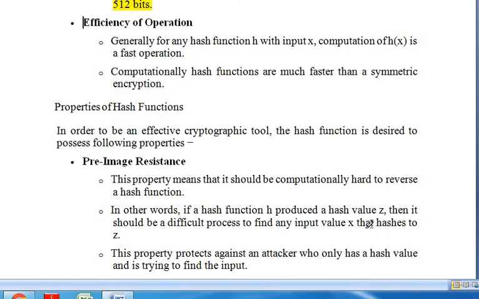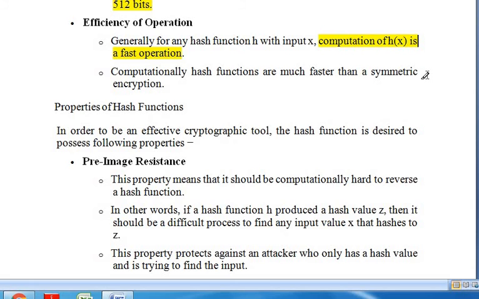Regarding efficiency, for any hash function h with input x, computation of h(x) is a fast operation. For the same input, if you run it another time, it may give a different output. That is the use of hash values.